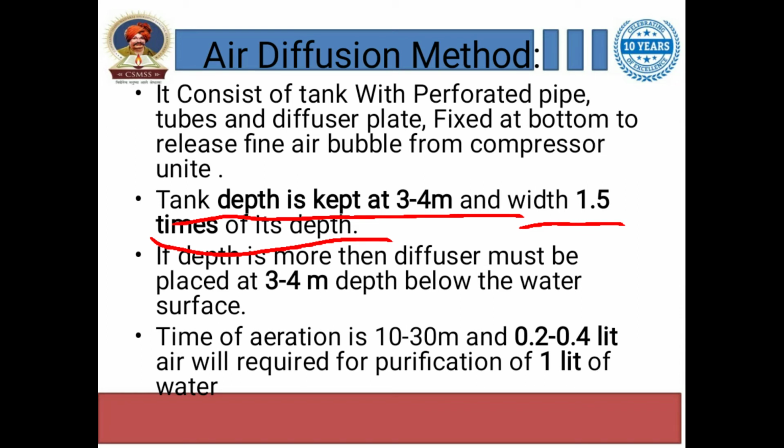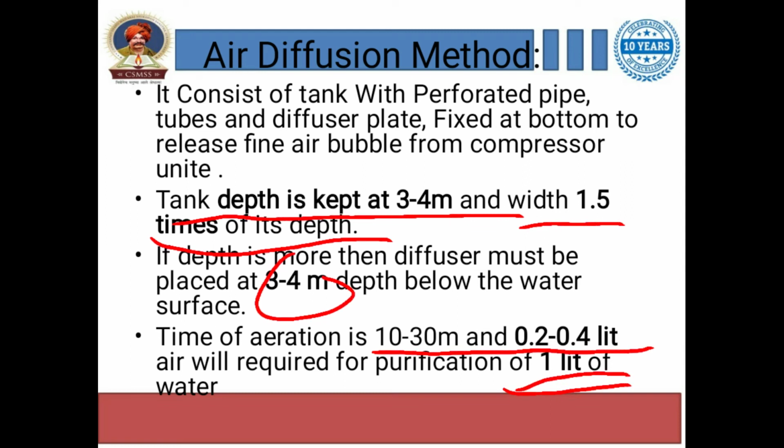If the depth is more, then the diffuser must be placed at 3 to 4 meter depth below the water surface, right? The time of aeration is, write down this time, 10 to 30 minutes, and it will require 0.2 to 0.4 liter of air for purification of 1 liter of water.